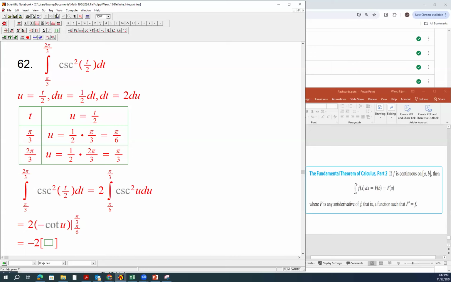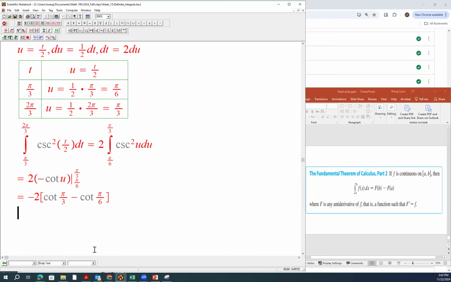So cotangent pi over 3, subtracting cotangent pi over 6. Oh, wait, one is pi over 3, one is pi over 6. Okay, make sure we got it right.